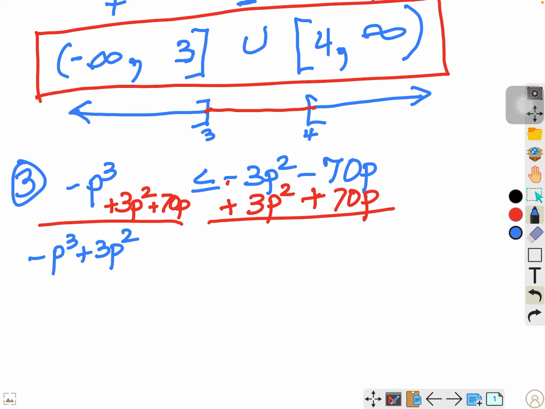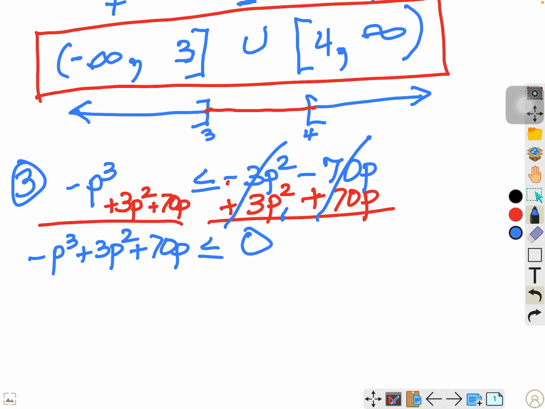Different exponents on all of the variables. And on the right, the terms add up to 0. 3p squared minus a 3p squared, that's 0. 70p minus 70p, that's gone, that's 0. So we've collected everything on the left.